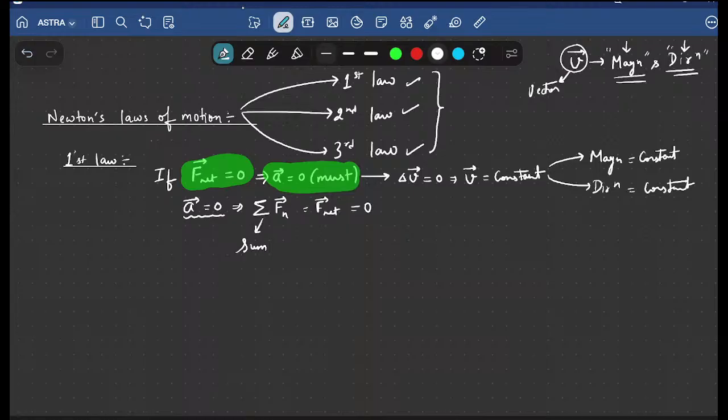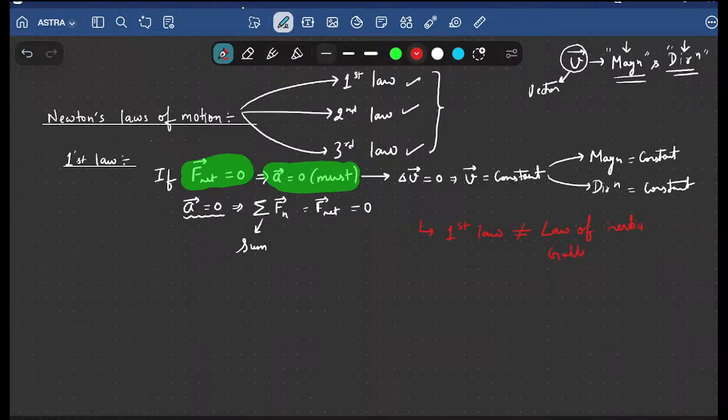Okay. So, one thing you should understand: few teachers make mistakes here. They often confuse the first law with the law of inertia given by Galileo. It is not true.